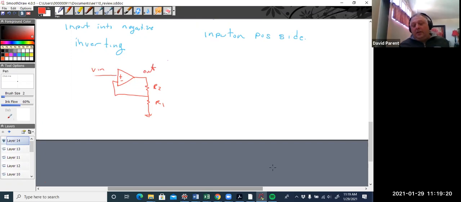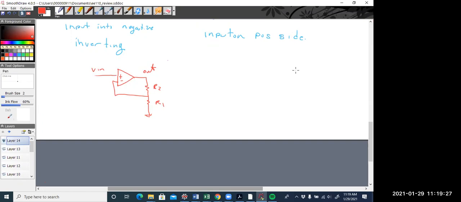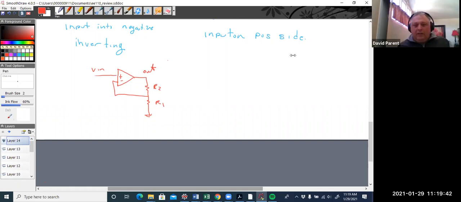Is that circuit inverting or non-inverting? No, not inverting. So I think everybody can read that non-inverting reads the sign of your V out in your final calculation.